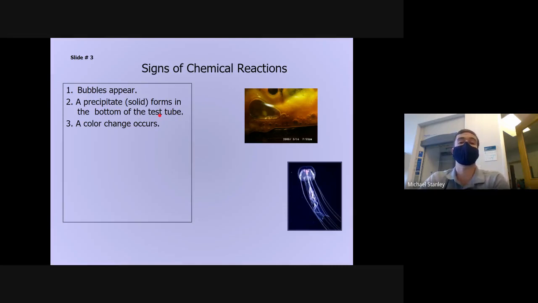A color change happening can be a sign that a chemical reaction is going on. Now, this does not mean that you take the purple Kool-Aid mix and dump it into the clear water and now the water is purple. That's not really the color change that we're talking about. Instead, this would be like if you combine two different clear liquids and all of a sudden they turn green in your beaker.